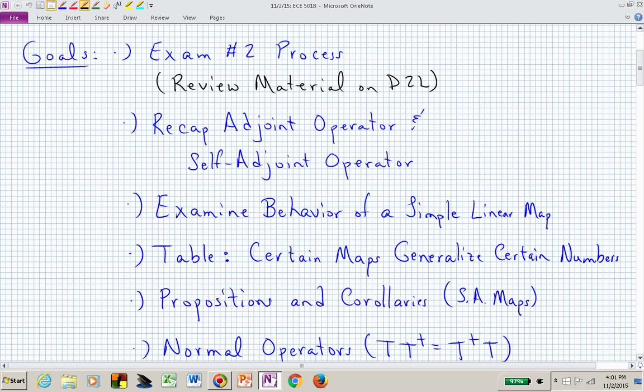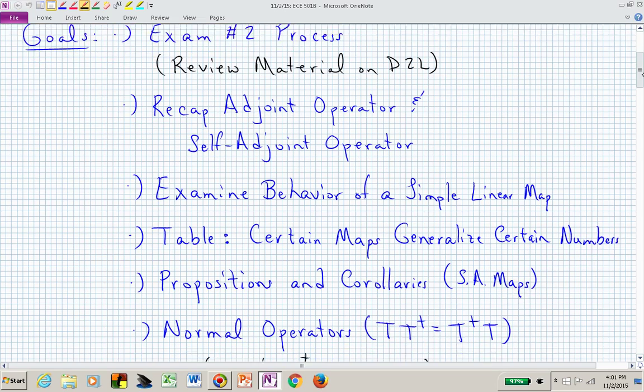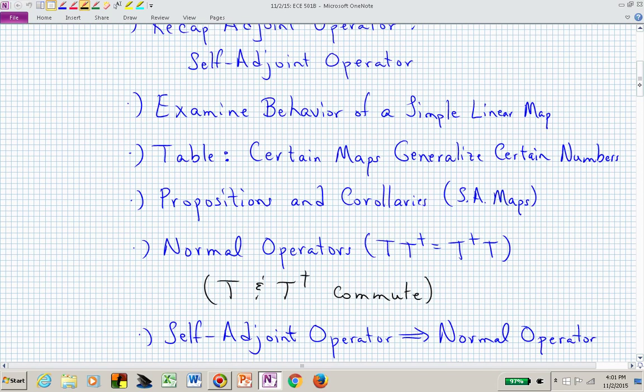It's a 1-by-1 matrix or a scalar, and we will then infer how that generalizes, and then we will create this table of associations with what numbers, complex number, a complex conjugate, real, translate into or generalize to as far as linear maps, so that when you hear a self-adjoint map, you can start to think about maybe a scalar version of that to give you a better feel for what's going on.